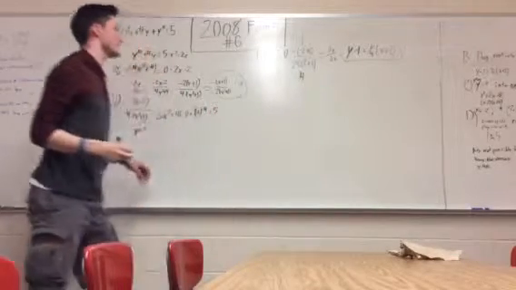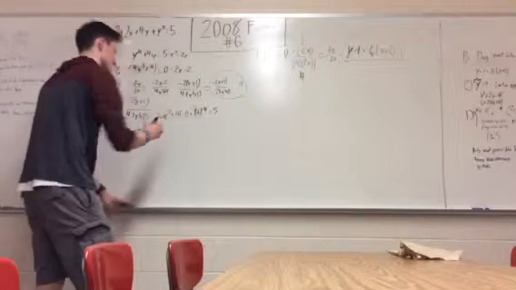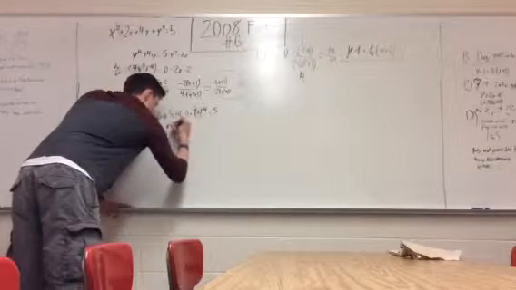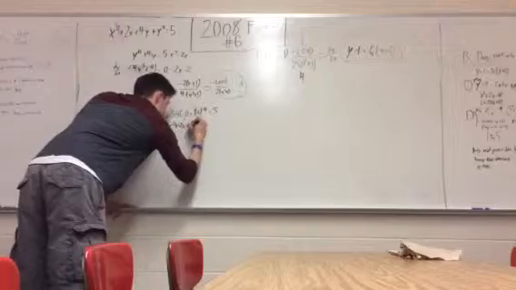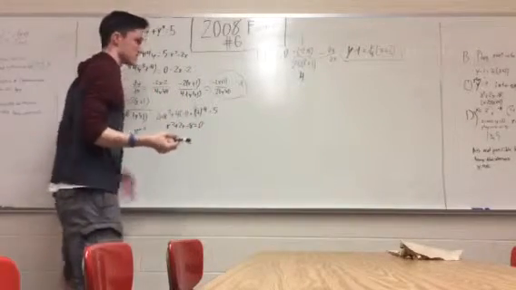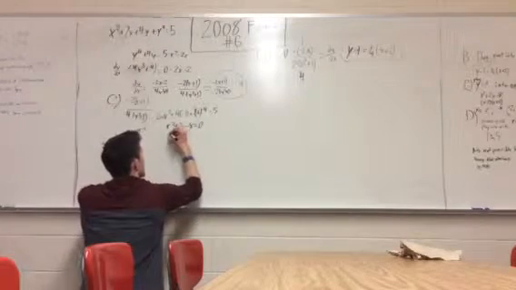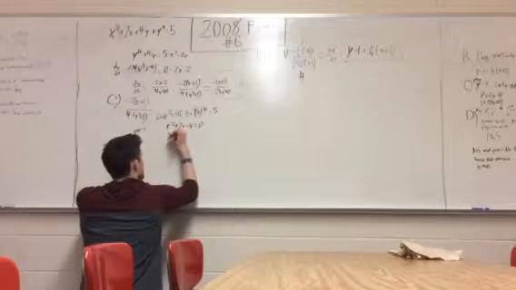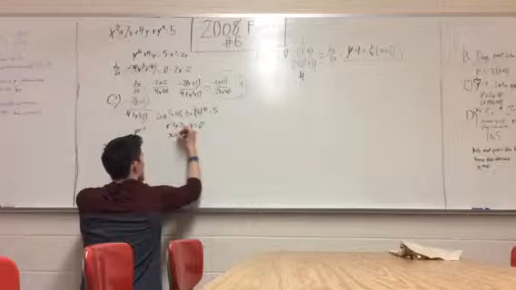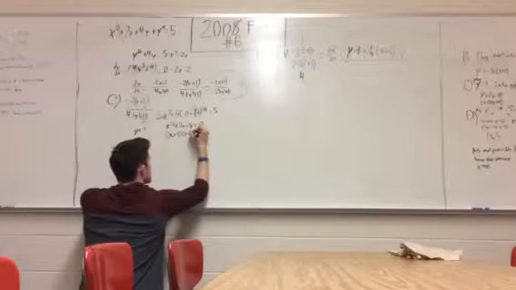Now that we have that, we solve, which gives us x squared plus 2x minus 8 equals 0. Now we just have to factor, and those are our answers: x plus 4 and x minus 2.